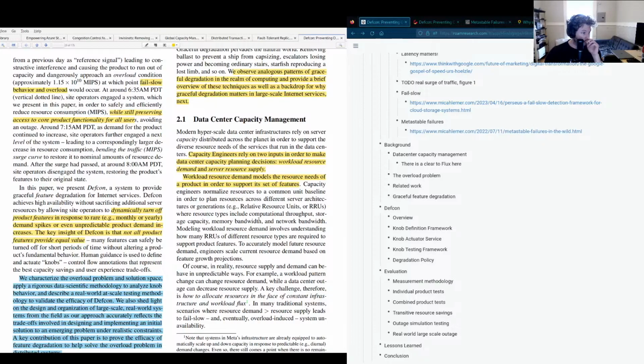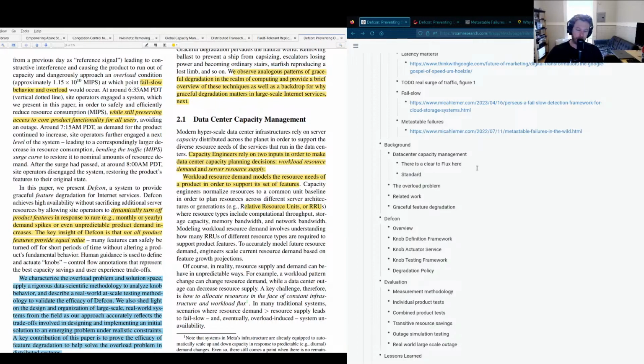So they normalize resources to a common standard called RRUs. I think that's pretty common across cloud providers. Like there are vCPUs on other cloud providers. So that makes sense. They have some standardization of resources.